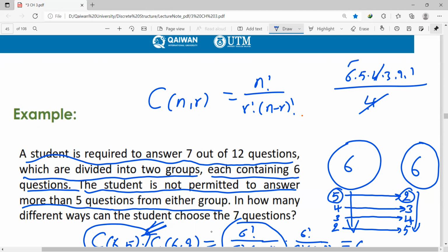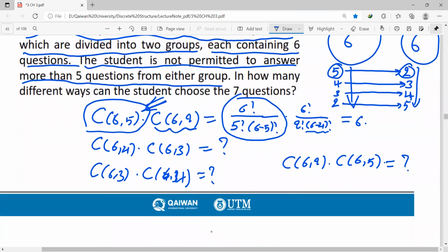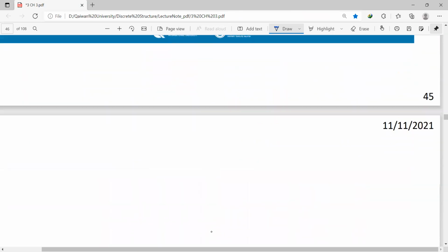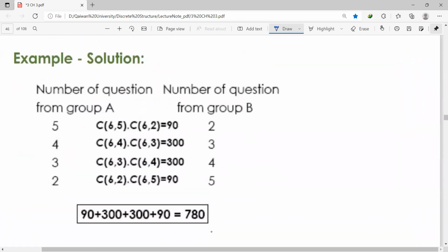Here we have 6 times 5 is 30, times 3 is 90, is it? Times 2, 180. Okay? So now the result is 180. Let me check. No. Just 90.